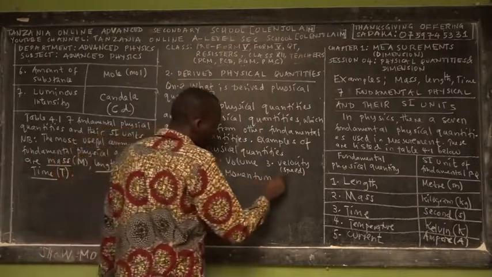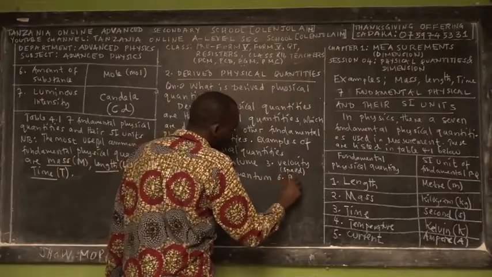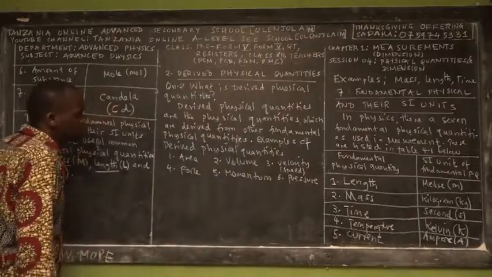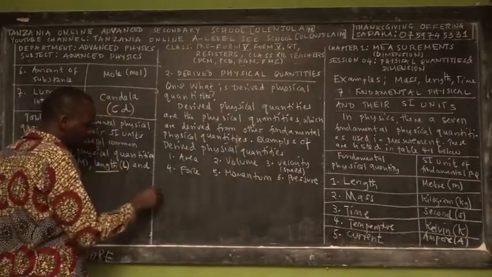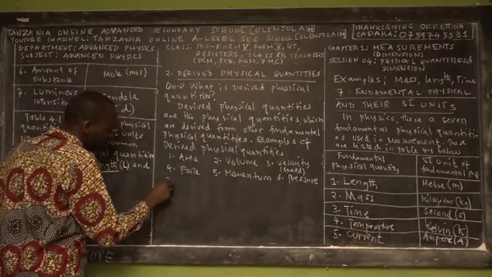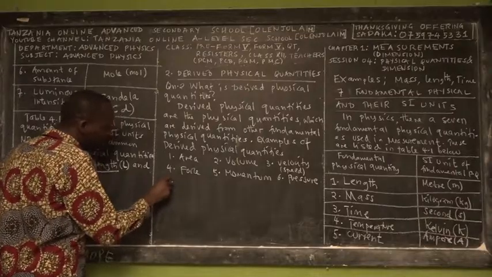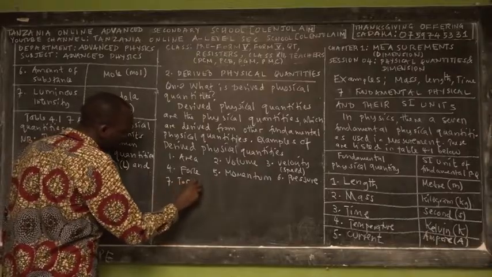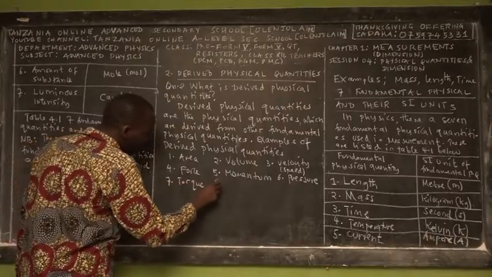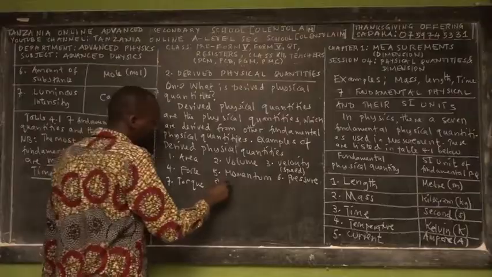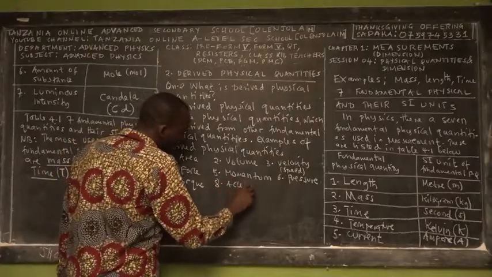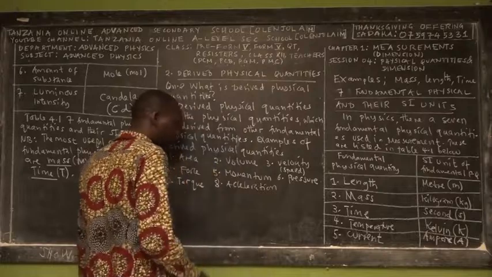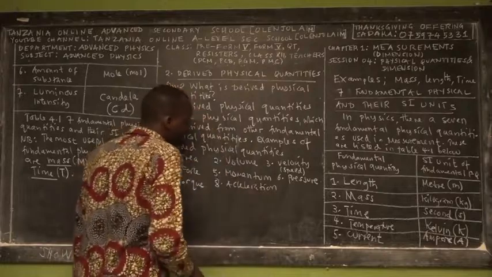And then the sixth example of a derived physical quantity is pressure, which was introduced to you during your ordinary secondary education in Form 1. The seventh is torque. Then the eighth is acceleration or retardation, acceleration and deceleration.